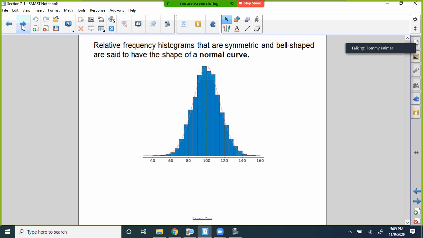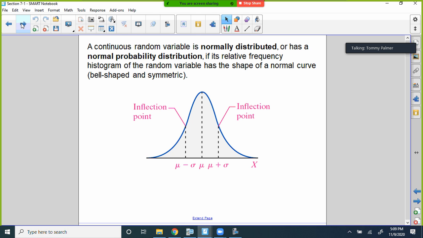So that's what we're looking at. They have a host of properties that go along with it. So a continuous random variable is normally distributed or has a normal probability distribution if its relative frequency histogram of the random variable has the shape of a normal curve.